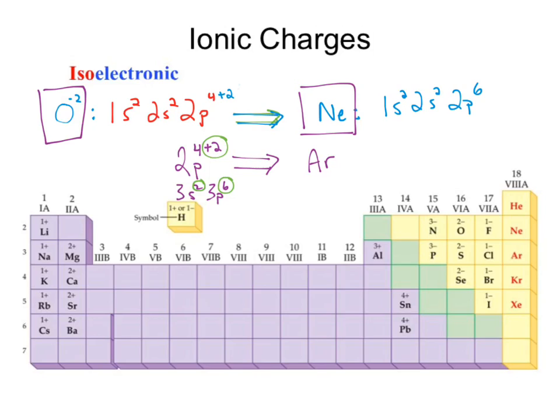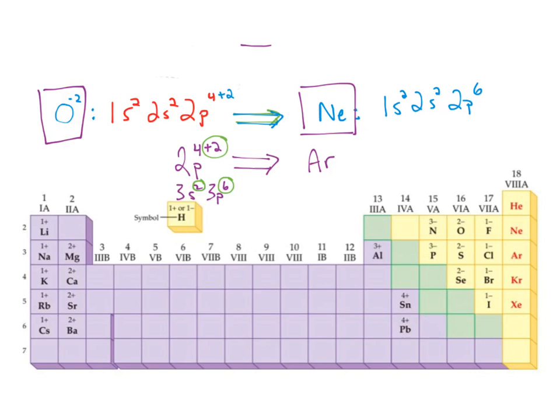What else could oxygen have done? I could have tried to make it look like the element above helium. To do that, what has to happen? I need to get rid of all of those electrons.